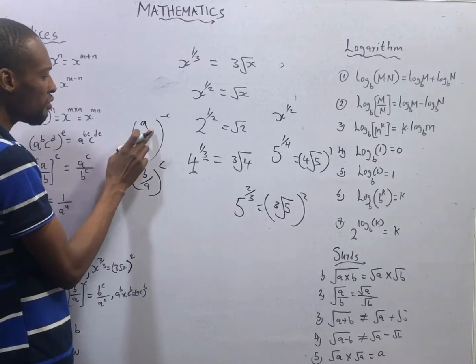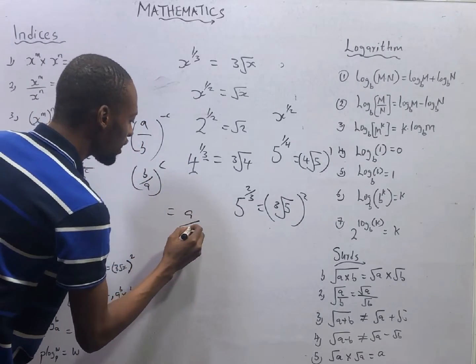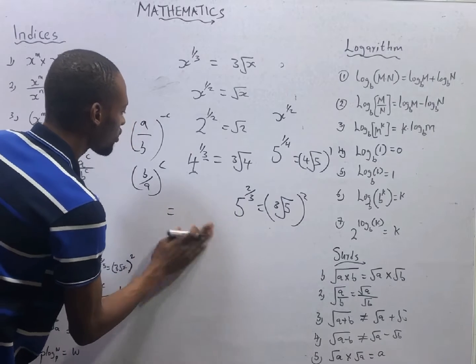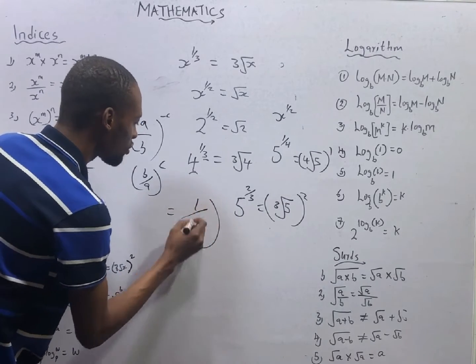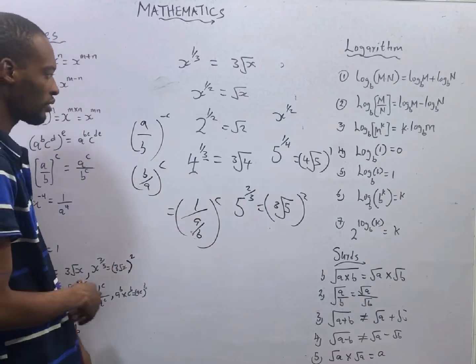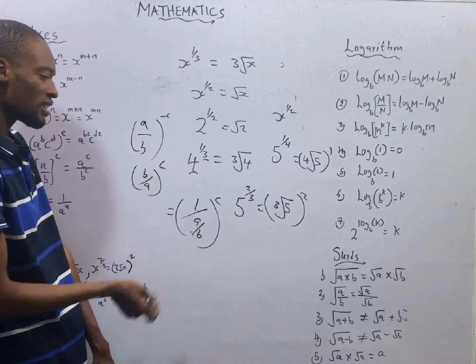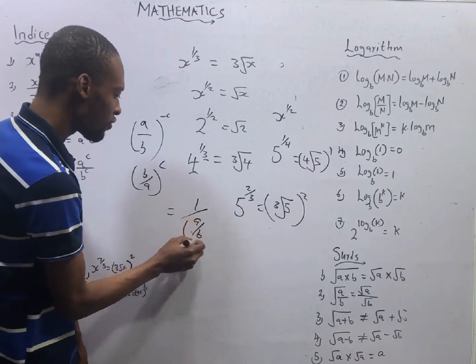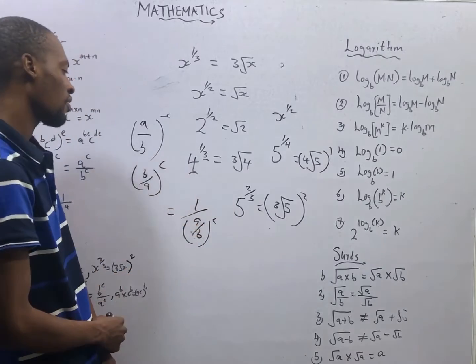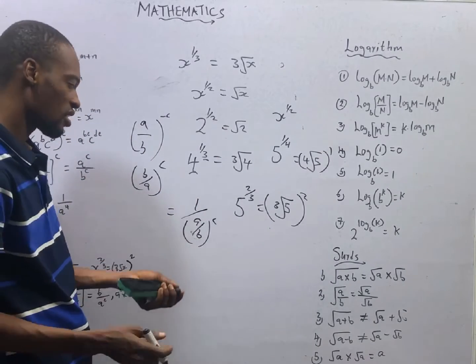If you have a over b raised to the power of minus c, this is the same thing as a over 1, this is the same thing as 1 over a over b raised to the power of c. Because raising to the power of minus something will give you 1 over everything there. So when you solve and invert, you get the inverse of it.